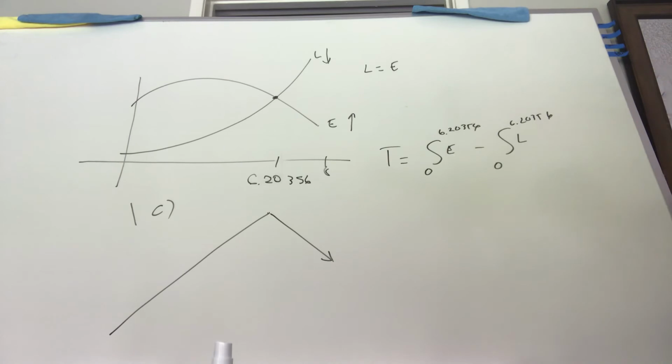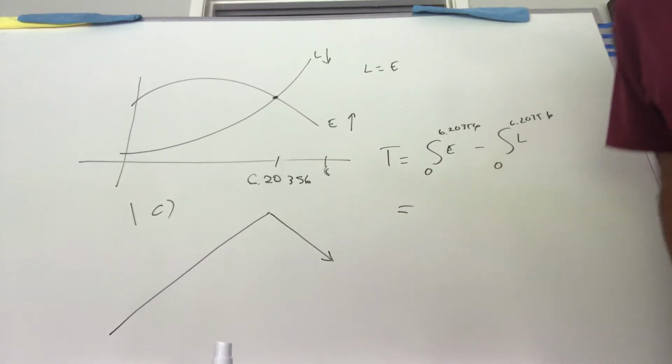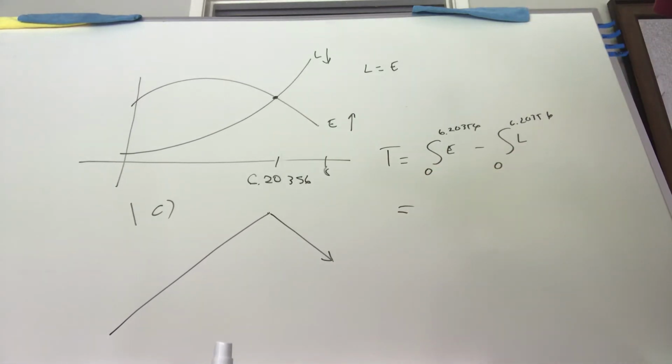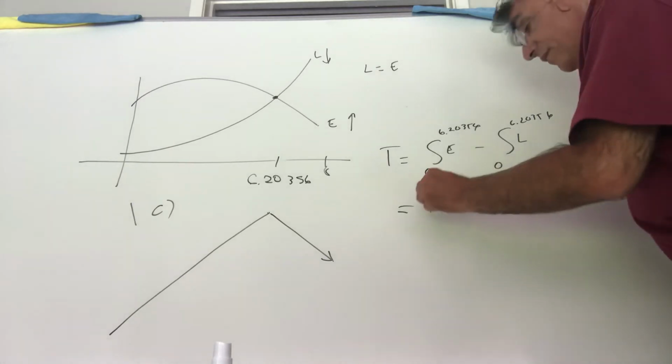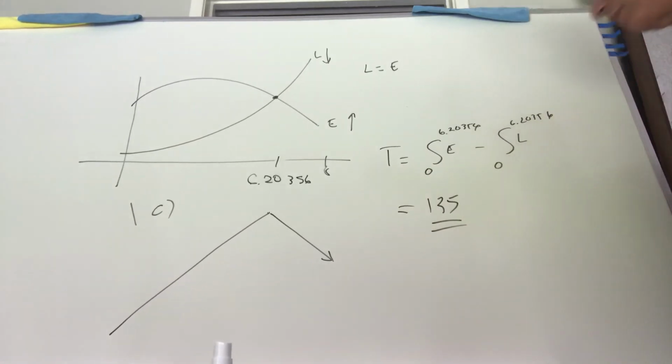Now, when you put that in, you get 135.01. Let's just say 135 because you got to have full fish, right? You don't want part of a fish, I don't think. So you want to have 135.